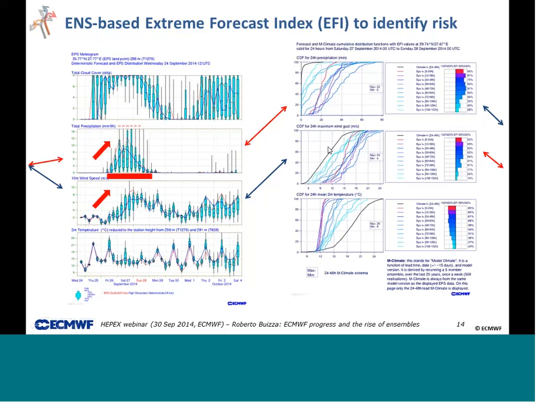And in fact, if one looks at the cumulative distribution function for wind and precipitation, they are shifted to the right compared to the model climatological distribution. So the forecast distribution, red for the most recent one, in blue the one issued 12 hours before, 24 hours before, and so on, and the distance between these gives us an indication of how extreme the event that we're going to observe is.